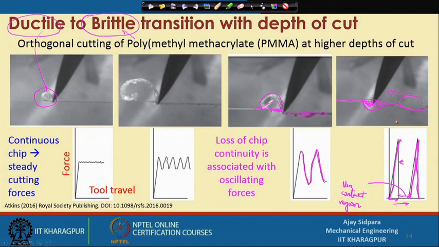So, what is the important thing? When you are cutting a brittle material and your depth of cut is very small, then you are able to remove the material in ductile mode and you can easily get a chip. And if your depth of cut is very large, there are two things happening. One is the tool will get damaged, and another thing is your workpiece is also degraded.